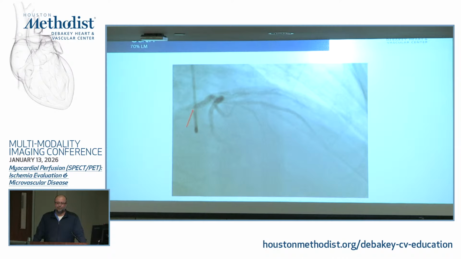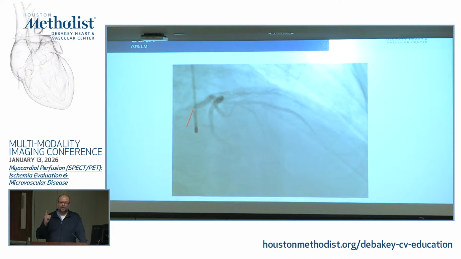We have a good bunch of them that have normal perfusion but very high calcium score. A common question that fellows and others ask: if I see high calcium score and the stress perfusion is normal, shall I do rest? And my answer is always, what is rest going to add?